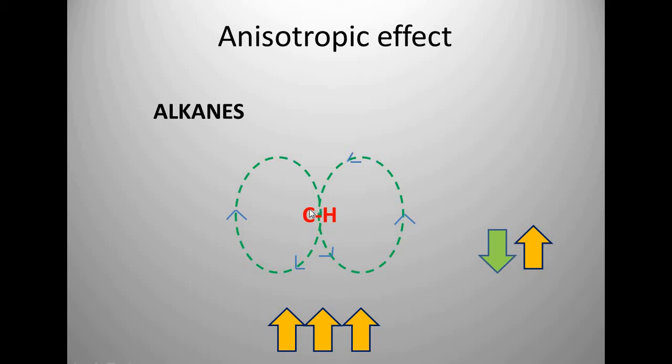You can say it is a shielded proton, or the electron has shielded your proton nucleus, therefore it is known as a shielding effect. So simply we can say when it is in opposite direction, it is a shielding effect, and when both are in the same direction, either upward or downward, then it is a de-shielding effect. So in case of an alkane, the induced magnetic field and the external magnetic field are in opposite direction, so we can say that it is a shielding effect.